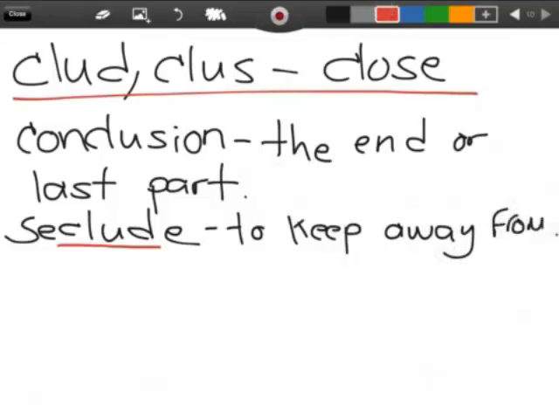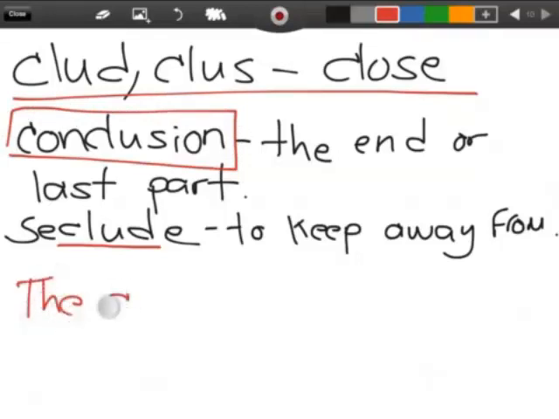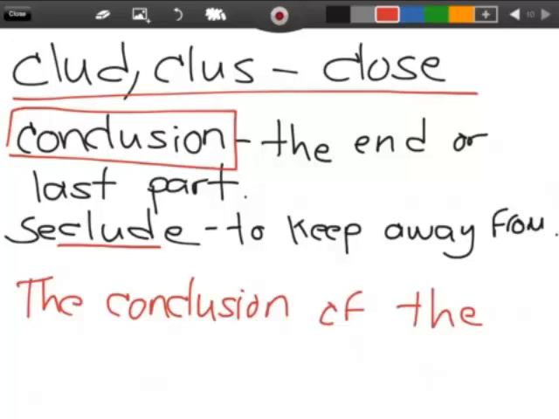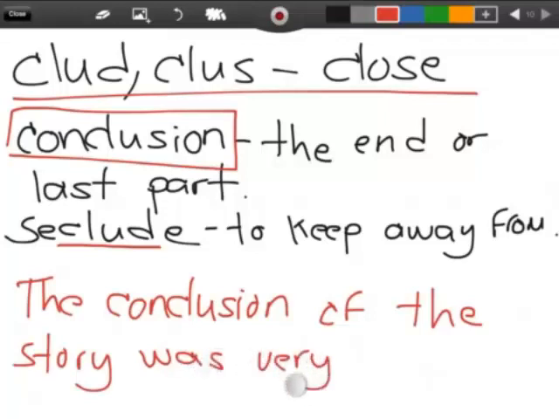I'm going to take this word right here and use it in a sentence. The conclusion of the story was very depressing.